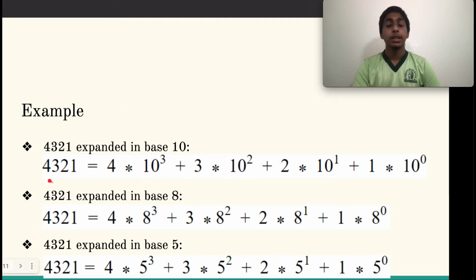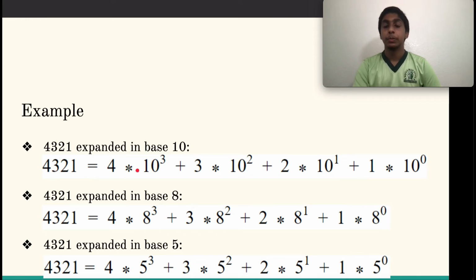But anyway, as I was saying, 4 is going to be multiplied by 10 to the power 3. Why? Because 10 is our base, and you can count 1, 2, 3. Or you could count it as the number of digits minus 1, right? But it's more simple just to go 1, 2, 3, then I get to 4.